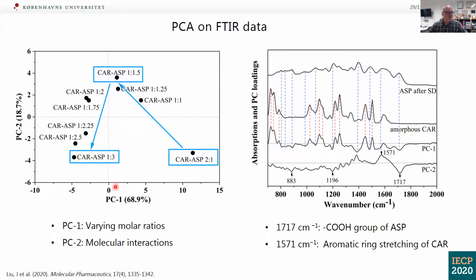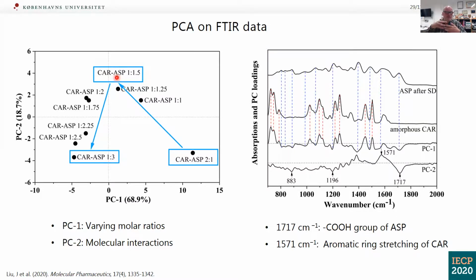And so if we are plotting now our samples in a PCA score plot with respect to the first and second principal component from 2:1 to 1:3 systems, we are seeing that we get a maximum for the second principal component at the 1:1.5 molar ratio, again indicating that it is not the 1:1 molar ratio that has the highest stability or is the ideal ratio of drug to co-former, but in this case, again, the 1:1.5.